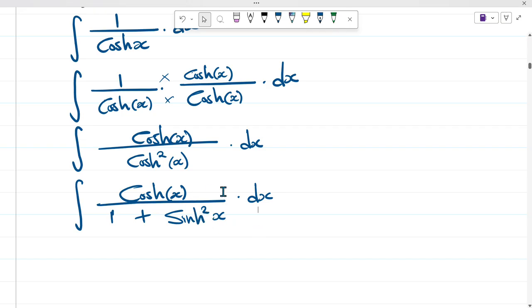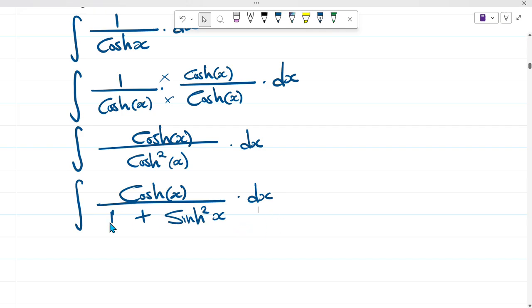So you ask yourself, since I can't simplify, can I make one f of x and the other f prime of x? If I make the numerator f of x, can the denominator be f prime of x? Definitely no. We can't say that when we differentiate cosh we get 1 plus something. There is no way.